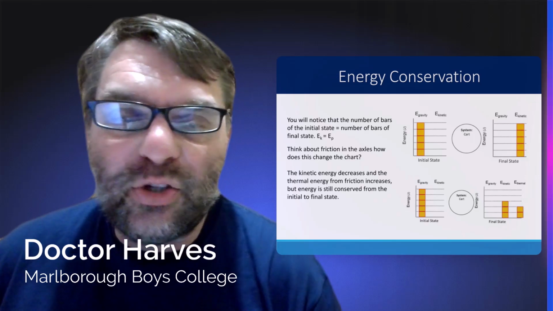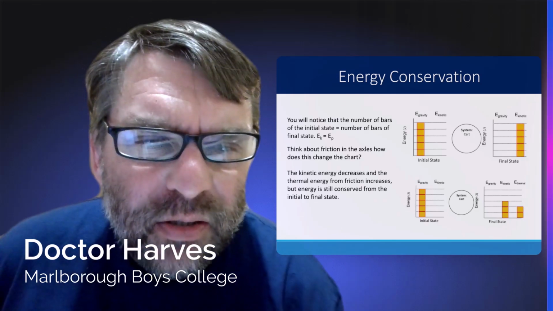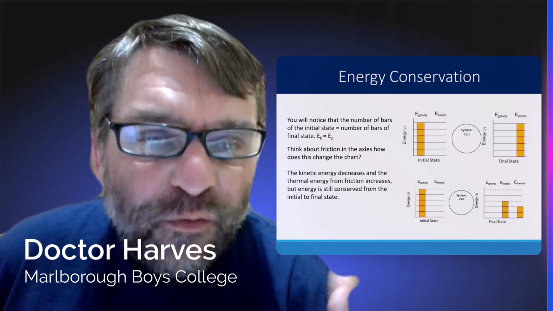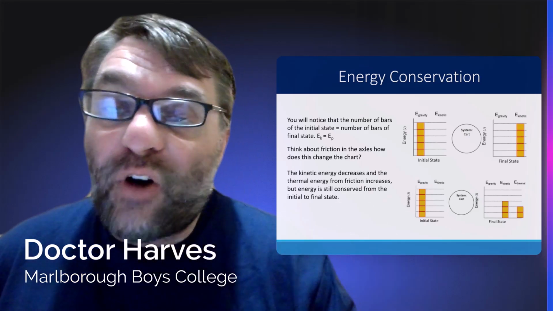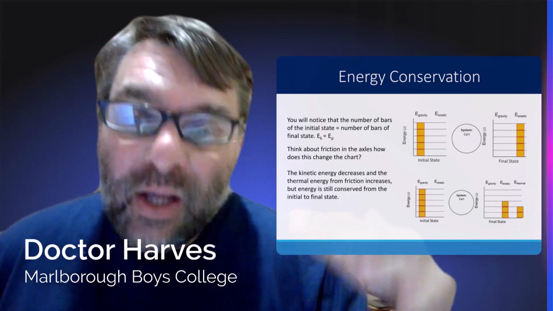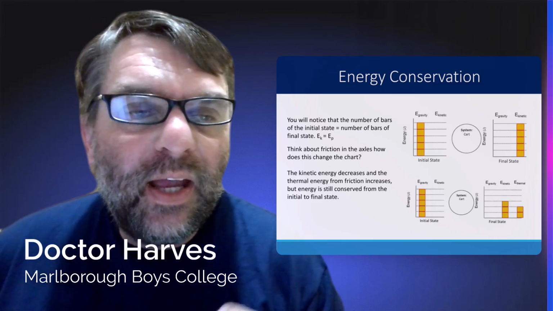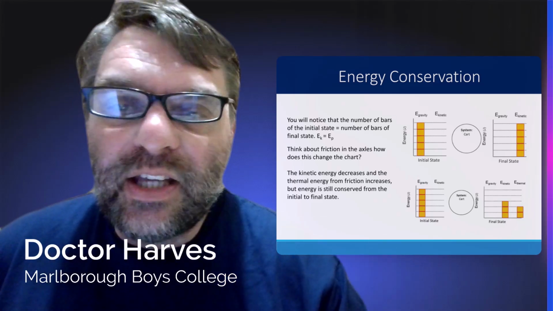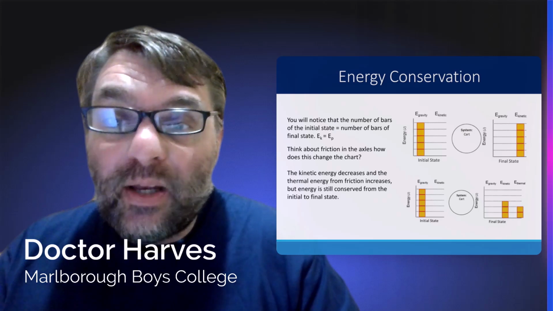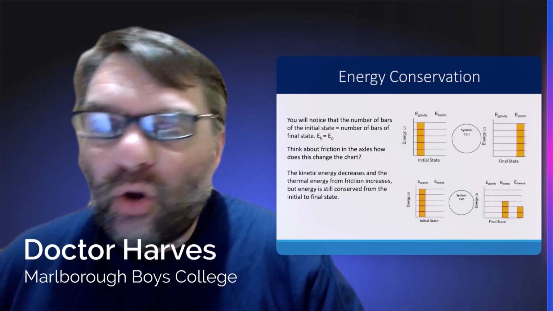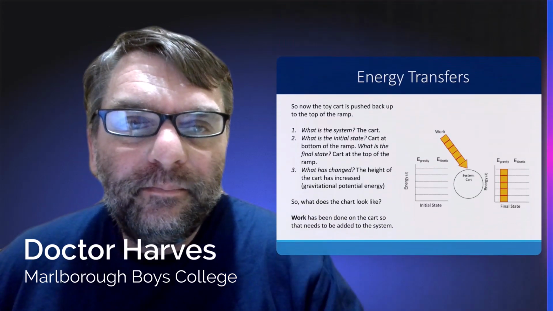The number of bars, as it were, is the same. We start with 5 bars, 1, 2, 3, 4, 5 bars, and we end up with 5 bars at the end. 3 bars for kinetic, because it's going to slow down as well, the velocity, because of the friction, and you get that heat energy as well, and it's going to be 2 bars. But the key point is that energy is conserved.